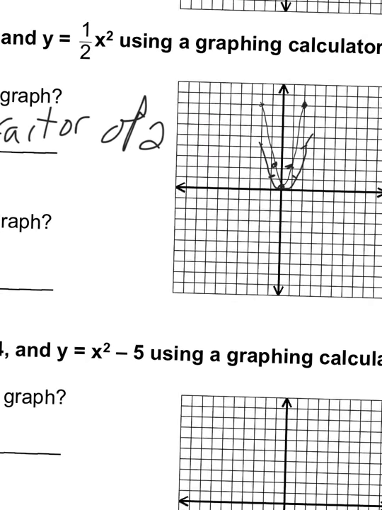With that in mind, when I put in the next one, 1/2 x squared, and graph it, it's going to do just the opposite. It's going to flatten it out more. It's the same vertex, but then it will be over 2, up 2 in both directions. So it's half the size.